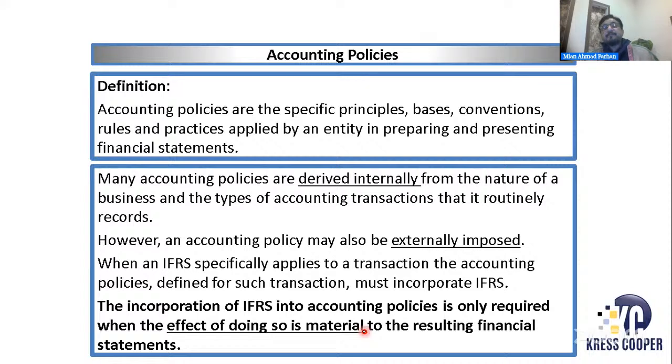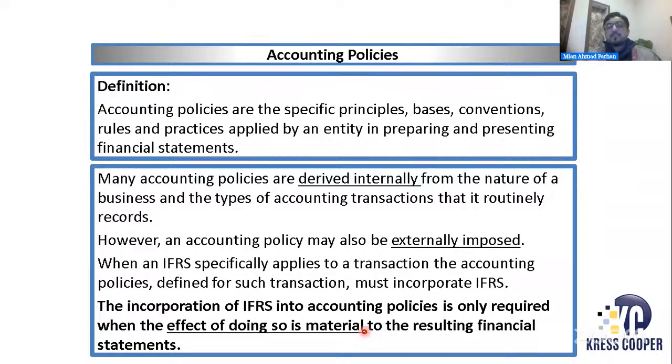So if the policy addresses an accounting treatment which has an immaterial, insignificant accounting impact, you may forego that. For example, depreciation, let's take the same example.